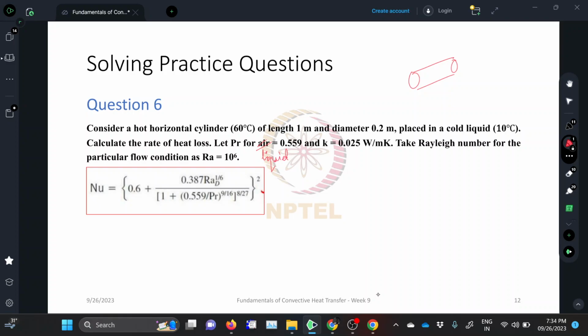The Nusselt number is also given by Churchill and Chu's formula for natural convection over cylinders placed in fluids. So using this formula, you have to find out what the rate of heat transfer is.